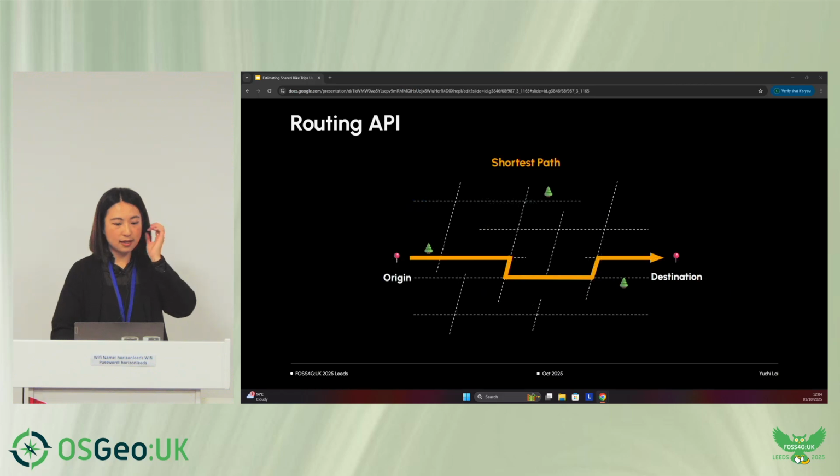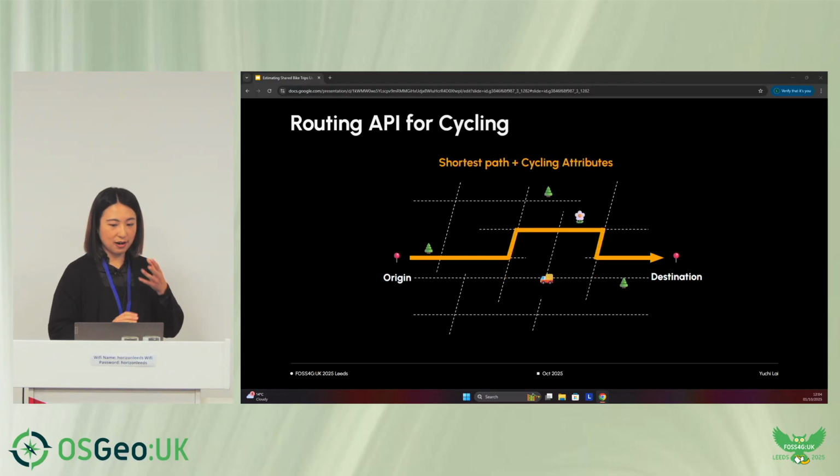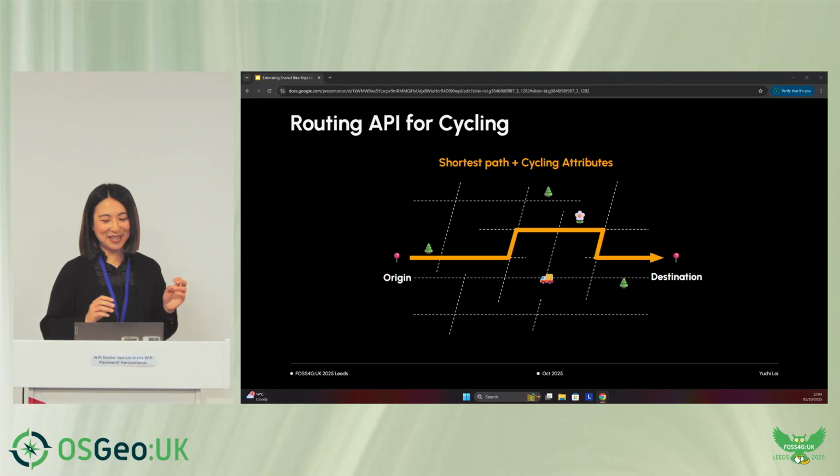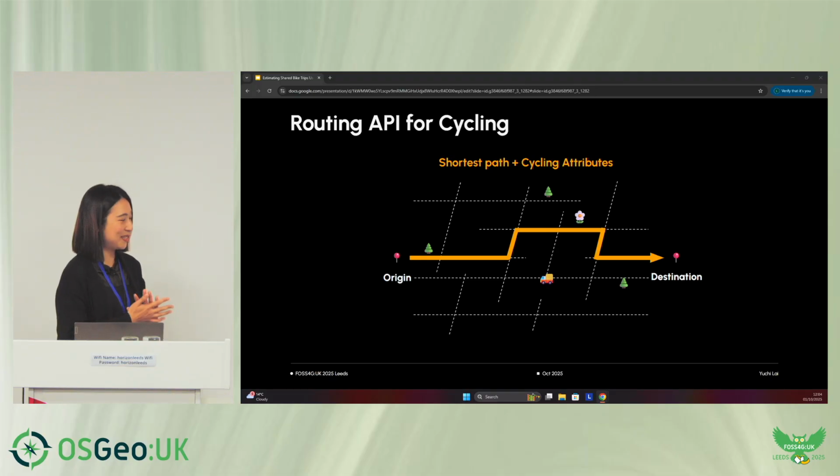The main logic of routing APIs is that they try to find the shortest path from A to B. But for cycling, it's not just about finding the shortest path.